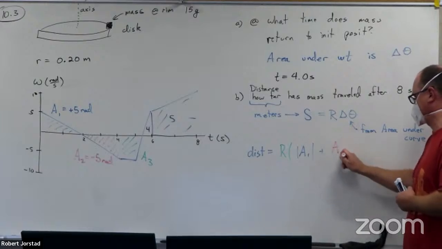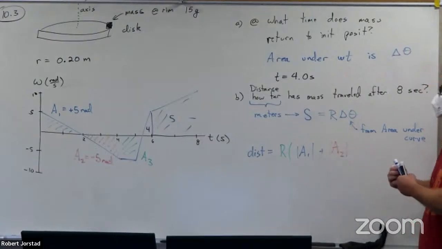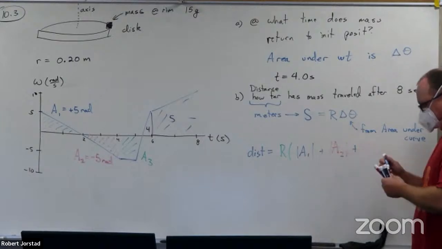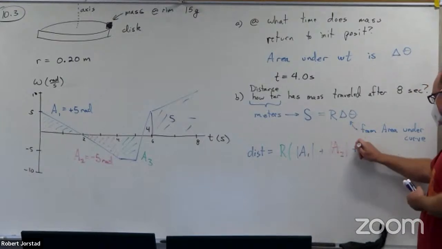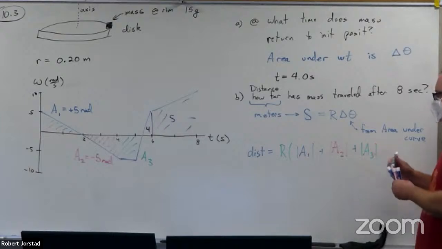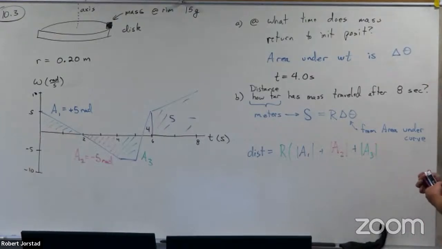Absolute value of area 2 plus absolute value of area 3, etc. Oh my gosh, that's a lot. Oops, I forgot a bracket. Did I lose anybody on that, or did that make some sense?